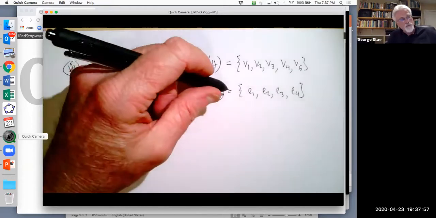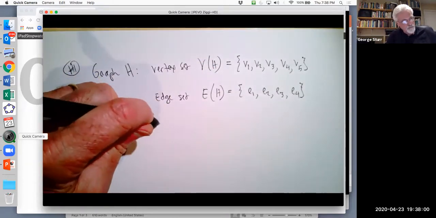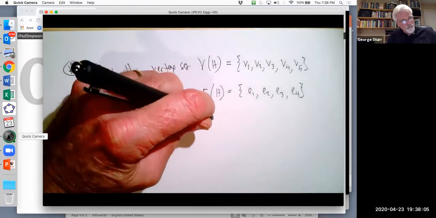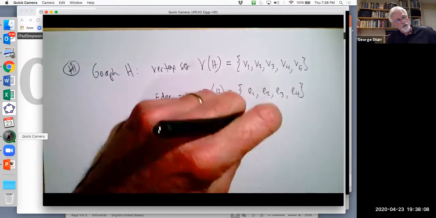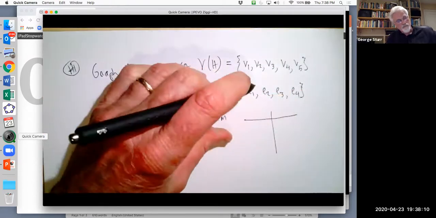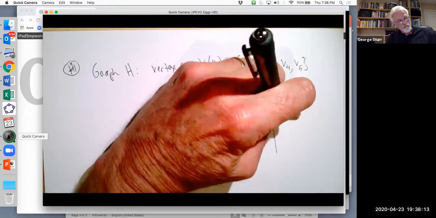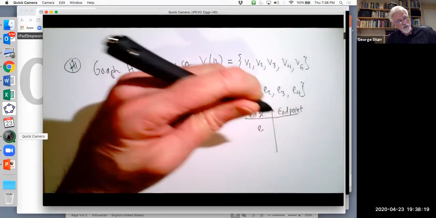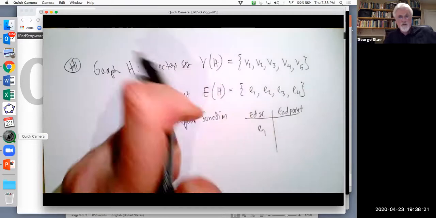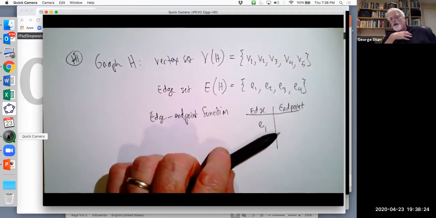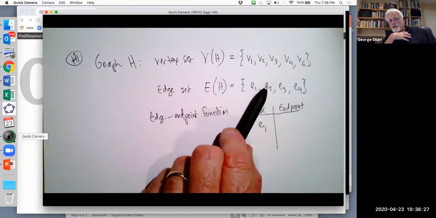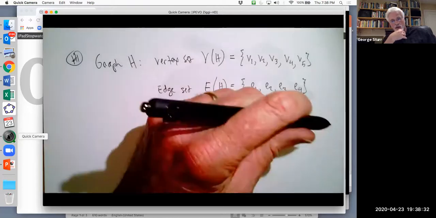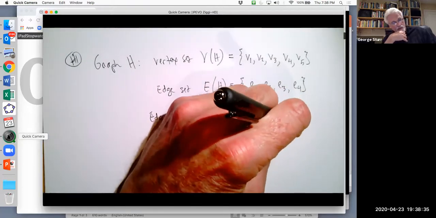So here's our edge endpoint function, which I'm going to define by a table. E1, remember the edge endpoint function associates each element of your edge set with a set of vertices. E1 is associated with V1.